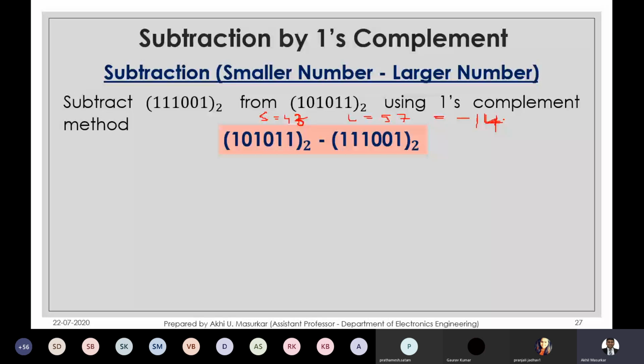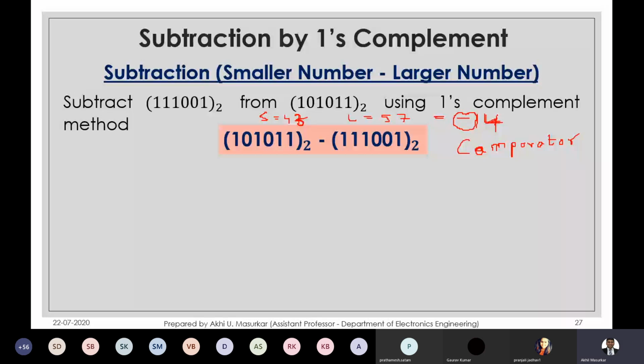Actually, to determine whether the sign is minus or plus, we use a device called a comparator. Once we know whether we are doing larger minus smaller or smaller minus larger, we already know that the answer will be positive or negative.